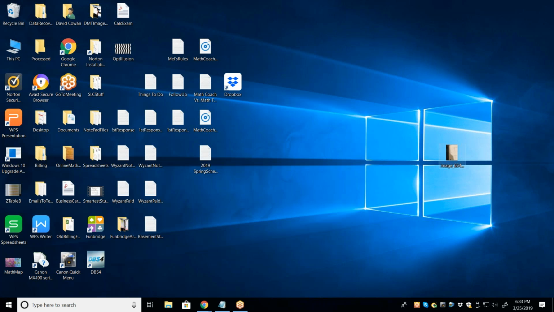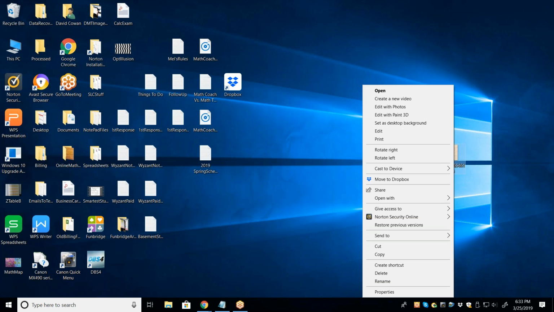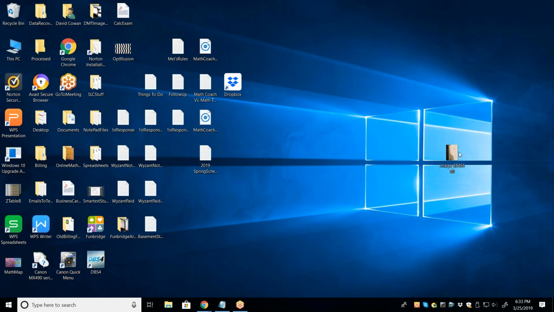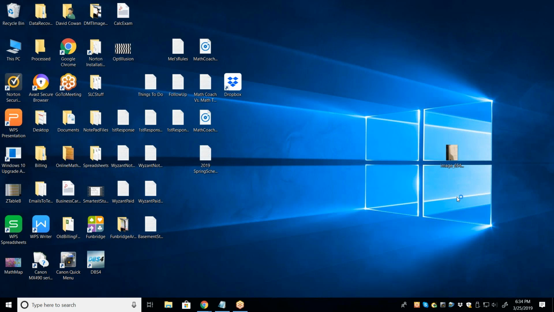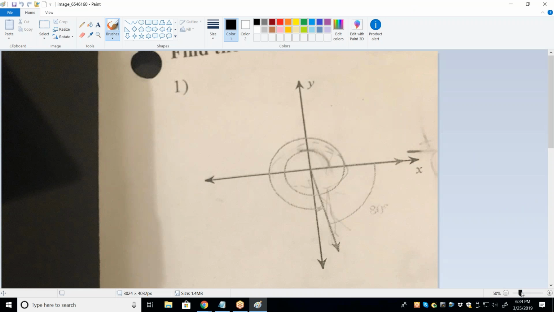I got to open it in Paint. That's what I finally figured out, is if I open it in Paint, where's the open with? How come it doesn't let me open with? Open with Paint. Alright. Now, let's see. I need to zoom down. There we go.